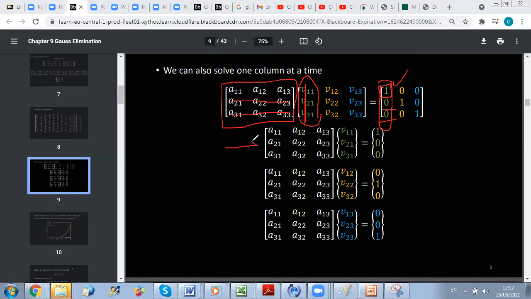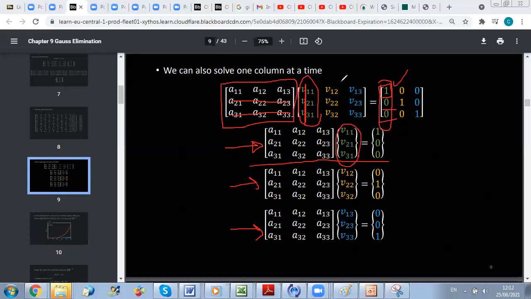So instead of having one 9 by 9 matrix, you can divide this process into 3 steps. First, I get b11, b21, b31 using this step.